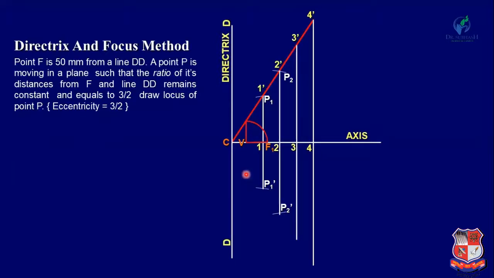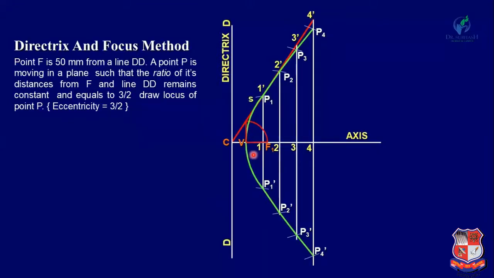Now with radius 3 dash and center F1, draw an arc to get P3, and with radius 4 dash and center F1, points P4 and P4 dash. Now join all these points by a smooth curve.